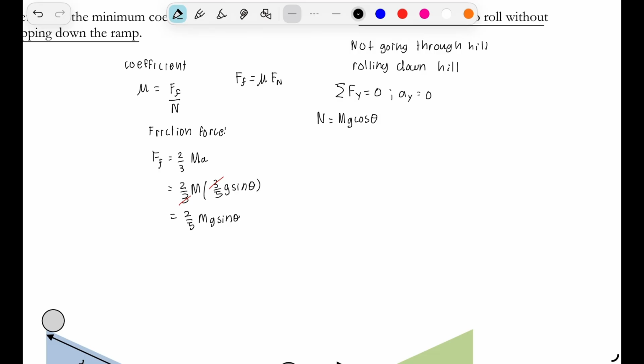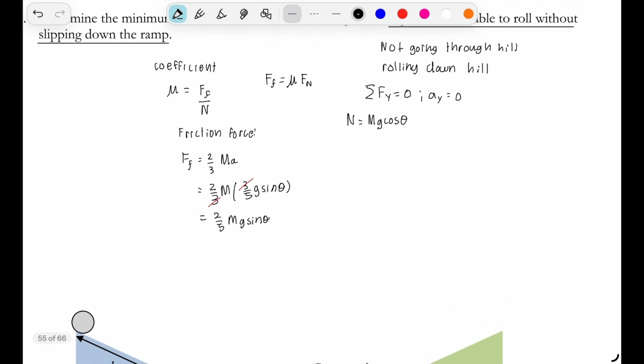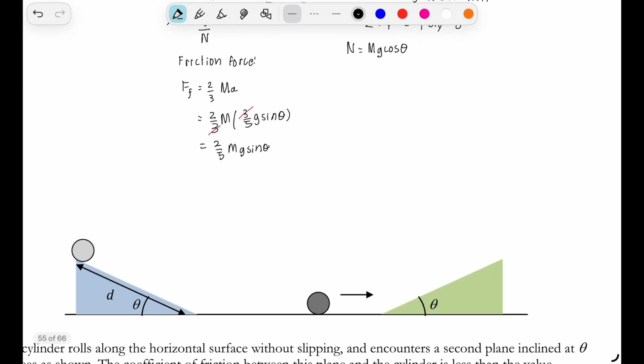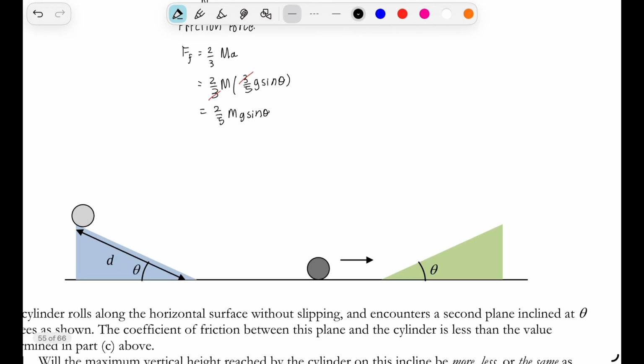If it was going through the hill, there would be vertical acceleration too, but there's enough normal force that keeps it above the surface and not falling through the incline. So the friction force is 2 over 5 mg sine theta.